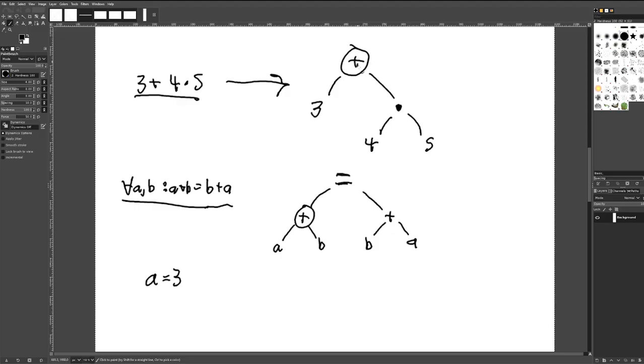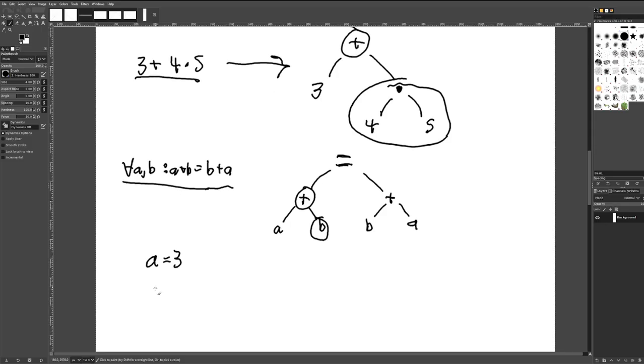Then it'll go down the right-hand side and it'll say, okay, we've got this in the expression and this in the rule. We've got 4 times 5 in the expression and b in the rewrite rule. So then it'll say, okay, let's set b equals 4 times 5. So then it's got these definitions, a equals 3 and b equals 4 times 5, and it's done looking at these trees. So then it moves over to the right-hand side of the rewrite rule and substitutes everything in.